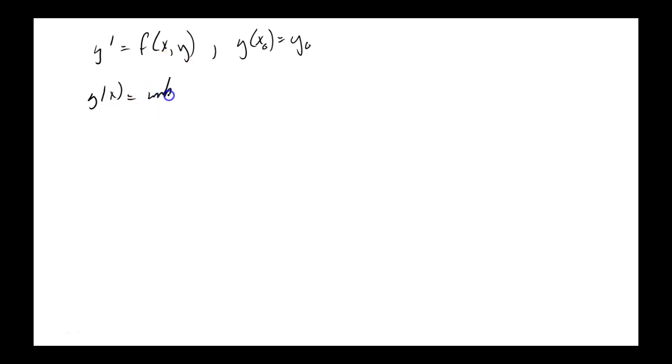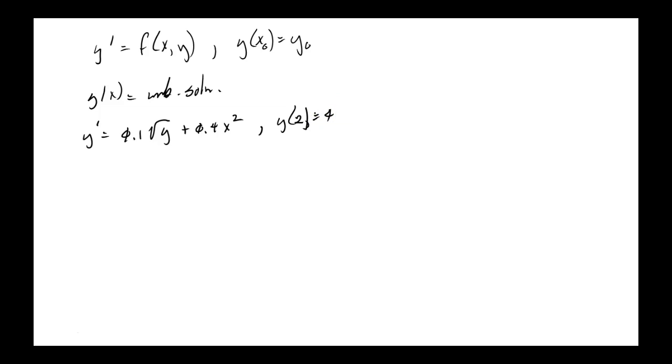This is the unknown solution for this problem. y prime is equal to 0.1 times the square root of y plus 0.4 x squared. Okay. And we'll say we have an initial value of y of 2 is equal to 4.